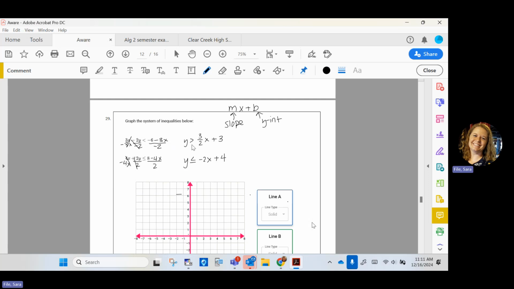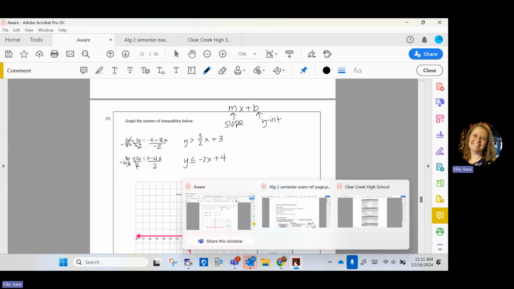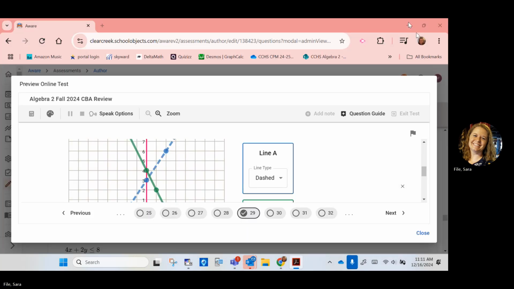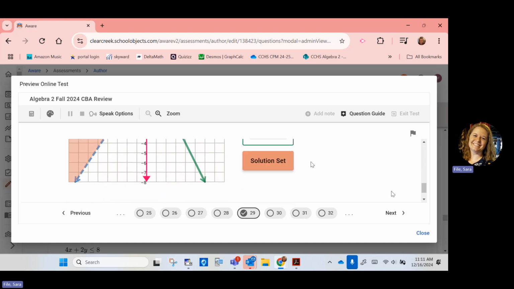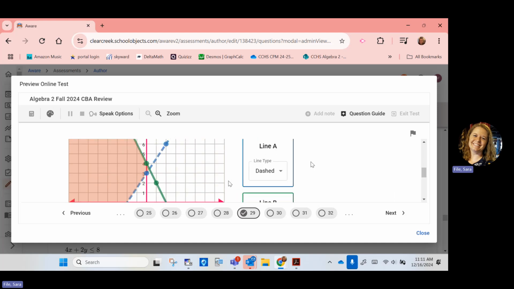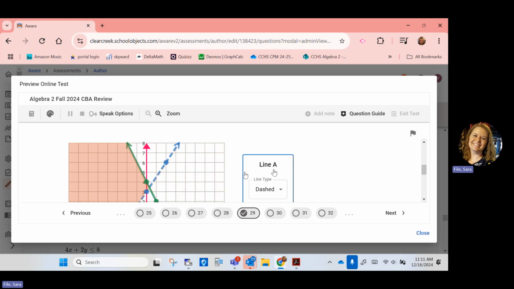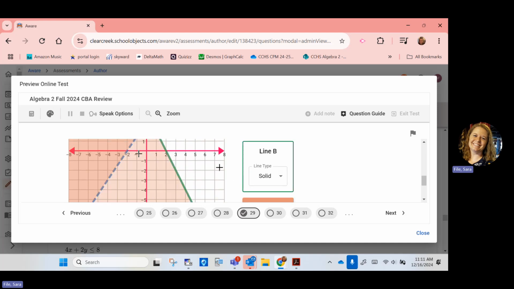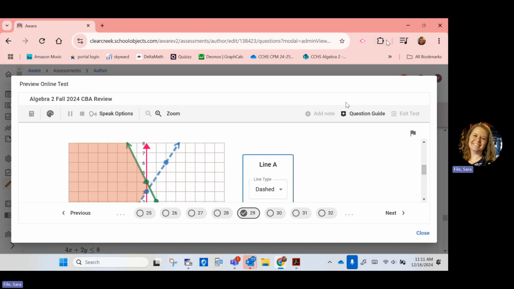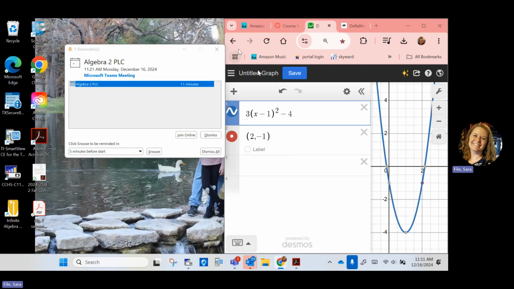So above the blue, below the green would be over here. I select that as my shading, and that's how I'm going to answer that in Aware. So you have to graph the lines separately and then select the area that should be shaded. You have to make sure you select if they should be solid or dashed correctly as well.